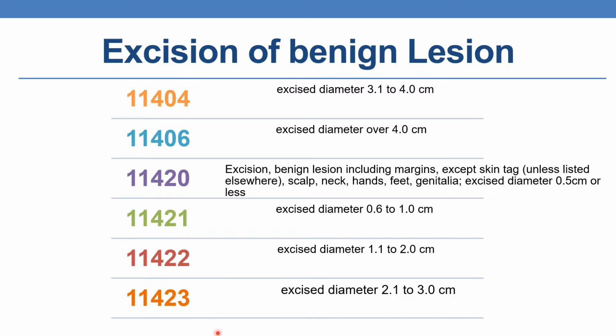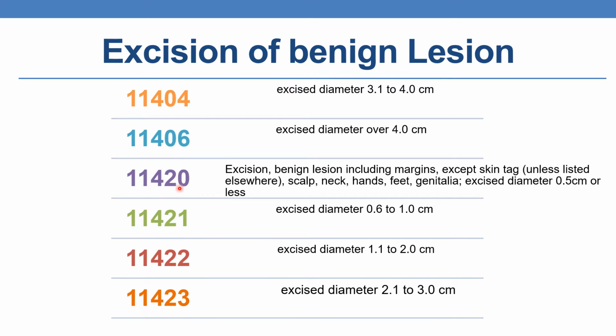There is an observation you can see here, especially in the case of either destruction or excision codes, whether benign or malignant lesion: the fifth digits indicate specific diameter ranges. If the fifth digit is 4, it indicates excised diameter is 3.1 to 4 centimeters. If the fifth digit is 6, after 4 you don't have a 5, you have directly 6, excised diameter is over 4 centimeters.